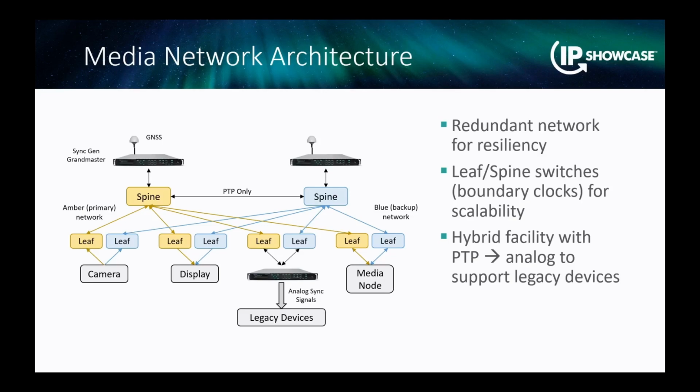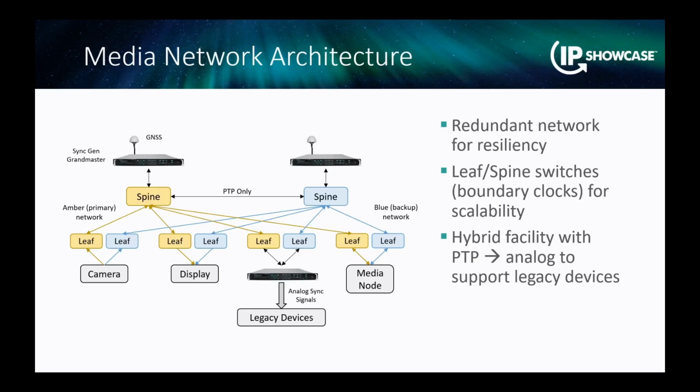So GLONASS in Russia, Galileo in the European Union, Beidou in China, and so on. The neat thing about the global satellite systems is each of the satellites has an atomic clock inside it. And so if we're getting signals from multiple satellites, we can get a very accurate time of day by synchronizing to that. So our grandmaster devices at the top will have an accurate time of day to work from.